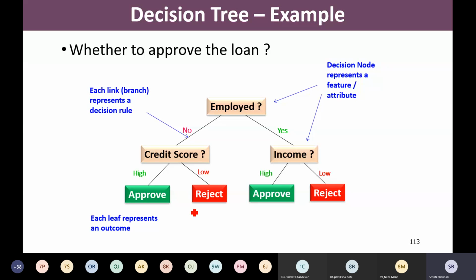So these class labels are represented by these leaves. Leaves give us the outcome, the result, the classification. Right? So this is one simple example of a decision tree.